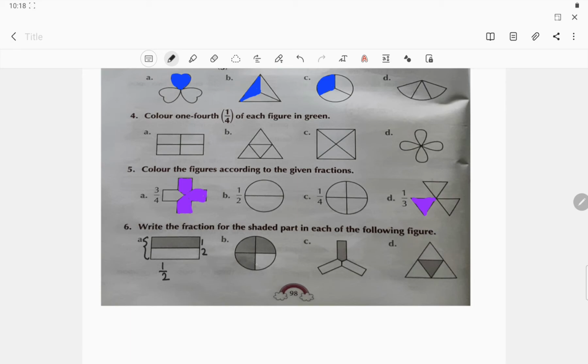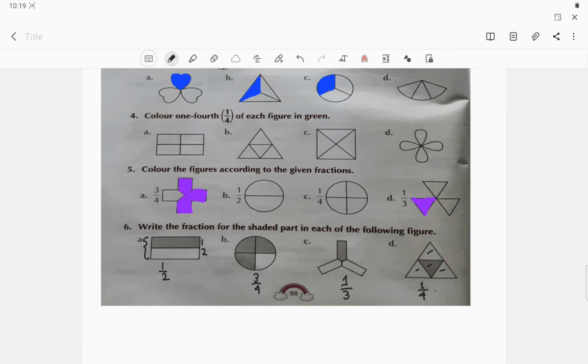Only 3 portions out of 4, so it is 3/4. C is 1/3. And D, you can check 1, 2, 3, 4, and only one part is shaded, so 1/4. So these are the answers of exercise 6.1.